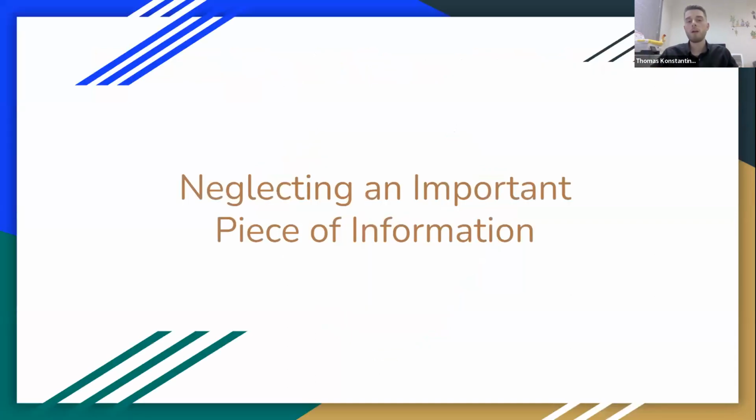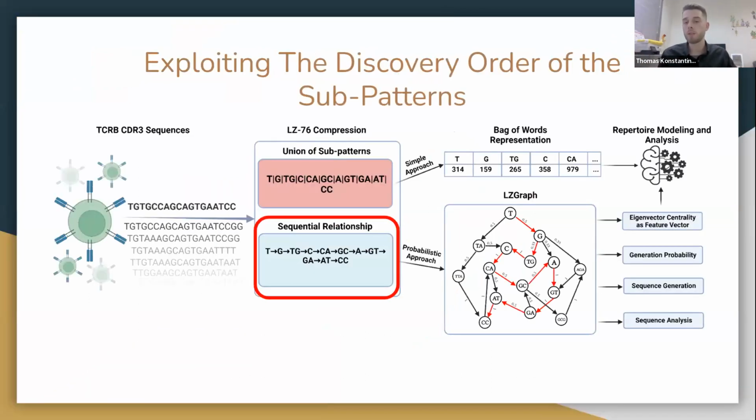Now, we neglected a very important piece of information by using only the union, and some of you might already have thought about it. We completely neglected the sequential relationships between the sub-patterns. We can all understand that even though CG might be an important sub-pattern, where it appeared in the sequence is by itself a piece of information that we cannot throw away.